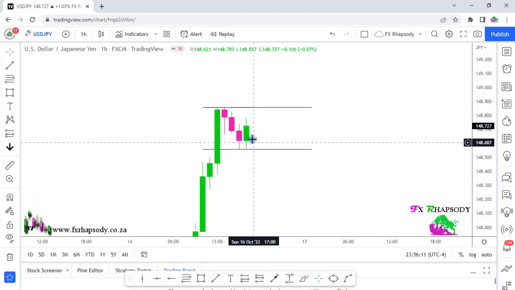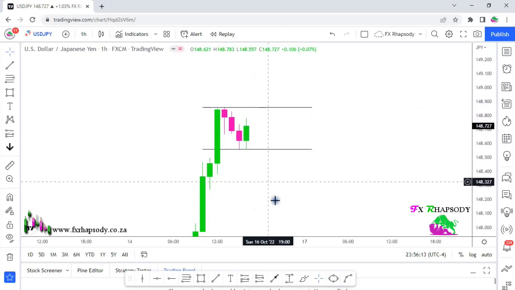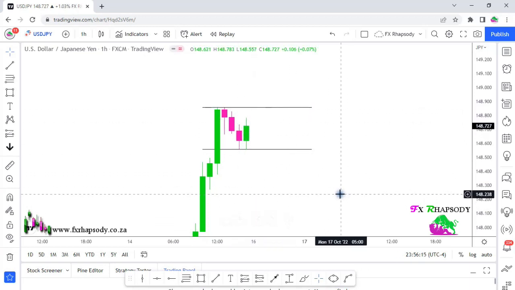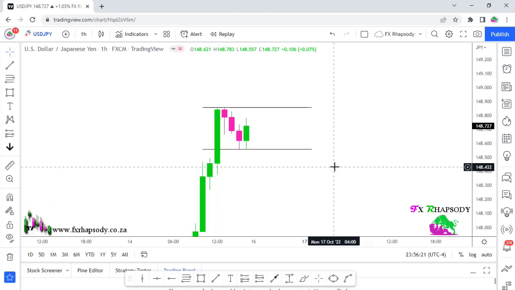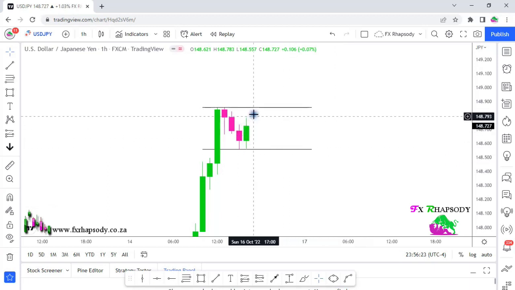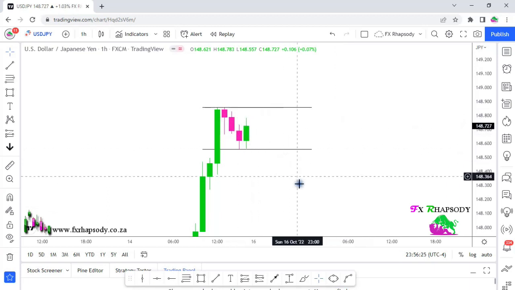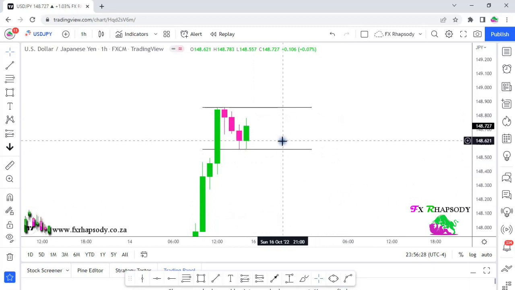You can still make your pips by selling in a buying market or buying in a selling market, depending on the time frame that you trade. Always remember that. A lot of times I would say that there's a nice sell opportunity, and people will comment and say, no, this is a buy market and all that. But always remember, it depends on your trading style.